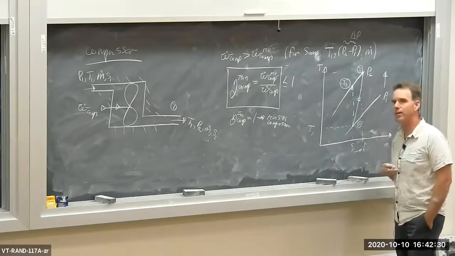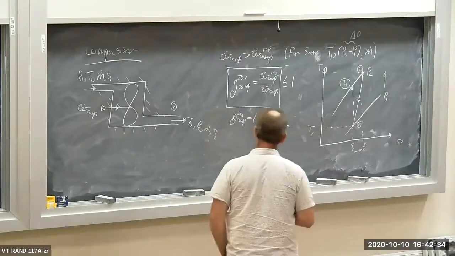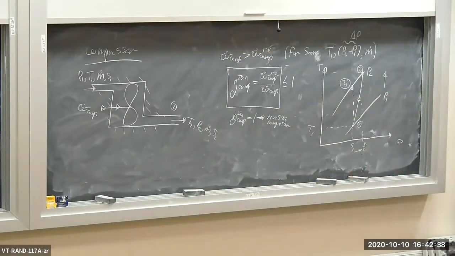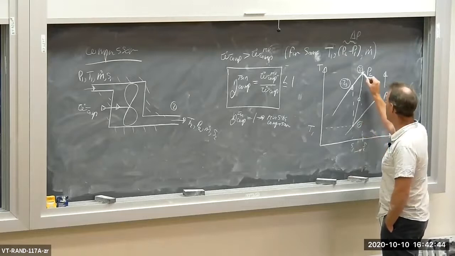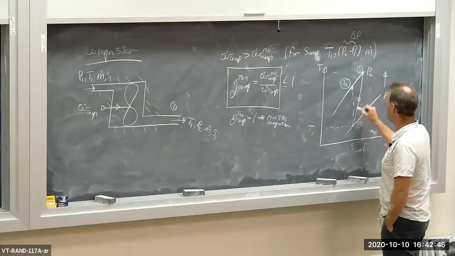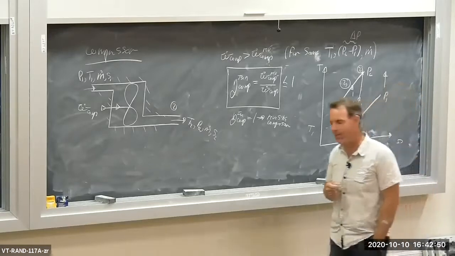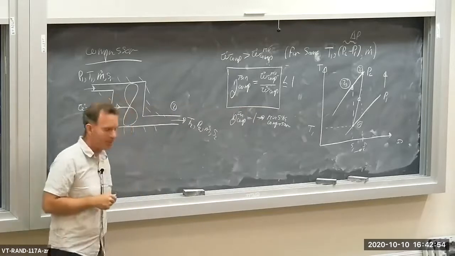The real device has entropy generation occurring, and therefore S2 is greater than S1. Delta S from 1 to 2 is going to be positive, and it follows a path which is not vertical, but some sort of an angle from state 1 to state 2 with a resulting increase in entropy from the inlet to the outlet because there's some entropy generation inside.